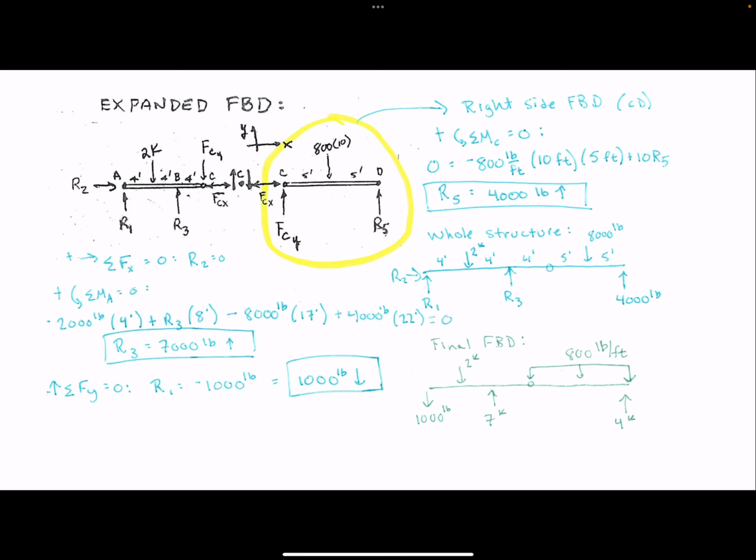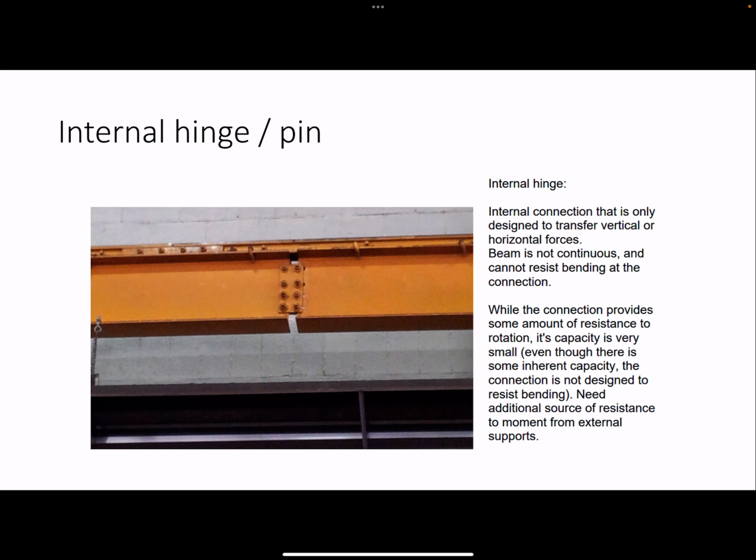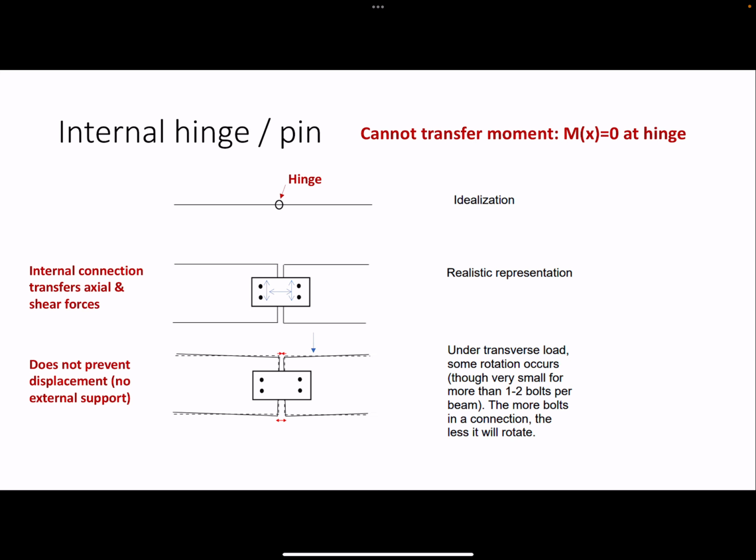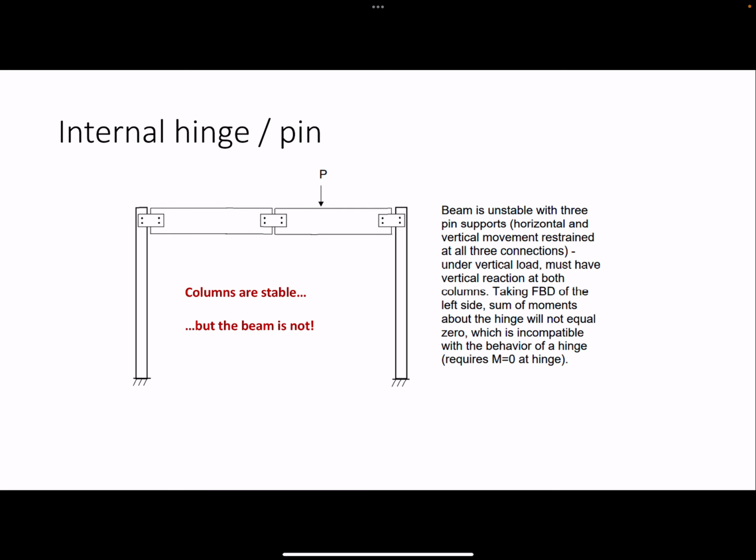All right, so this was just a recap, right? So again, remember this is what it might look like in real life. And then going back to our internal hinge or pin, again, moment is equal to 0 at the hinge. And then what we're going to do now is take a look at a configuration in the context of a frame.